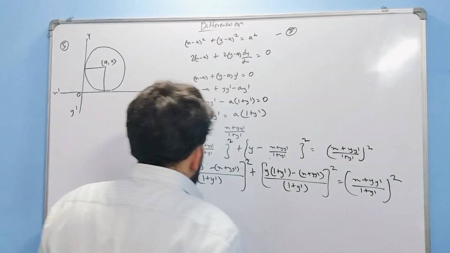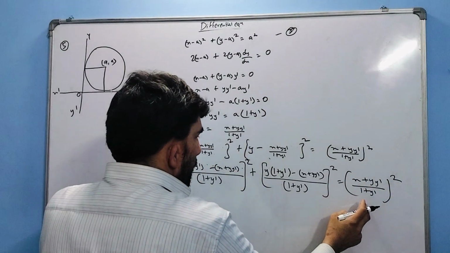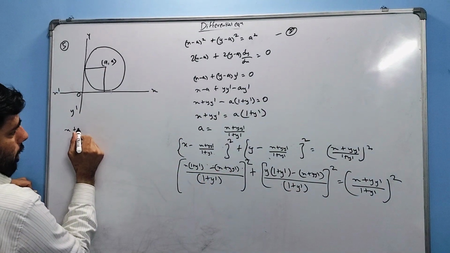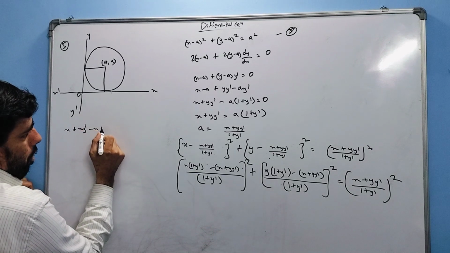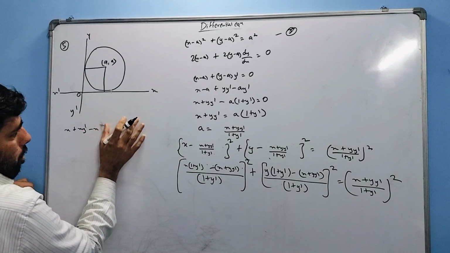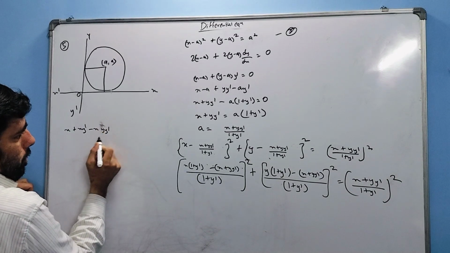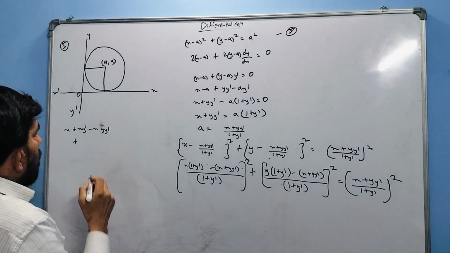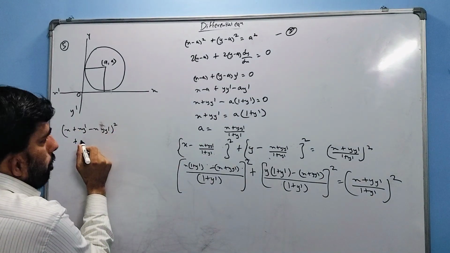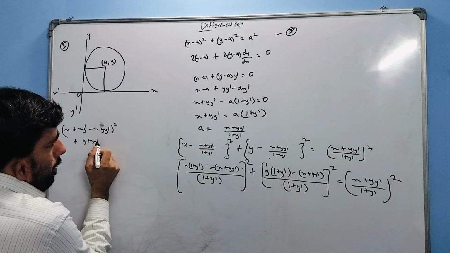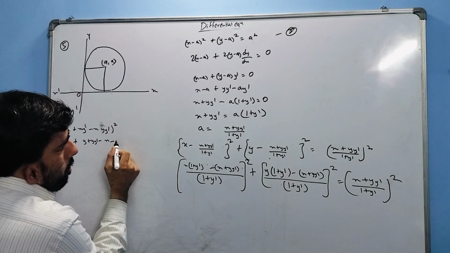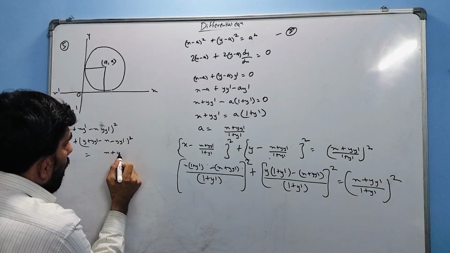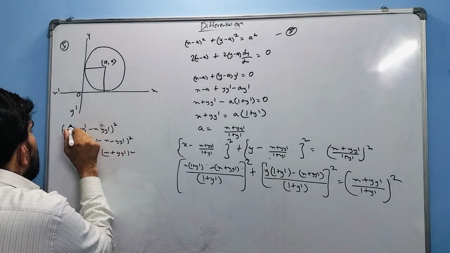So now I can eliminate the denominators. So now I have this: x plus x y dash minus x minus y dash whole square, plus y plus y y dash minus x minus y dash whole square, is equal to x plus y dash whole square.